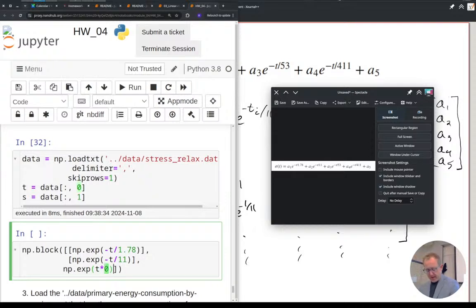So if I want to keep it all in the same form, I could say exp of t times 0. So take every value of t, multiply by 0. Or you could say t to the 0 is going to give you 1. It works. You can also say np.ones of length of t.